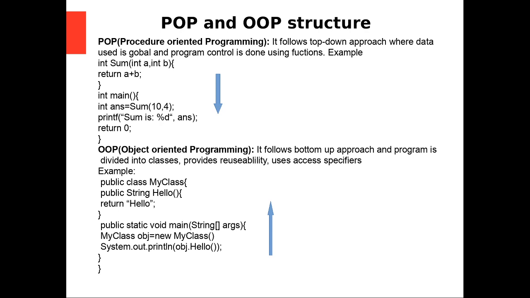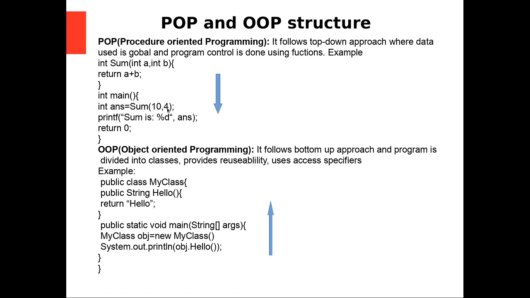Example: here we have a function named sum, which takes two parameters and returns the sum of them. The execution starts from the main method here. The integer answer is a variable which stores the sum of the two parameters we have passed to this sum function.